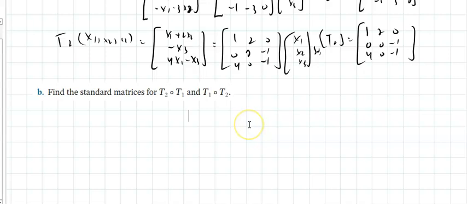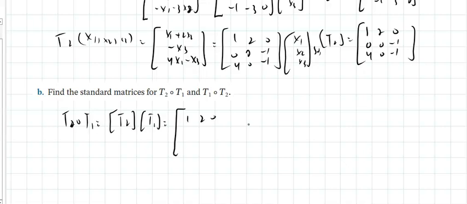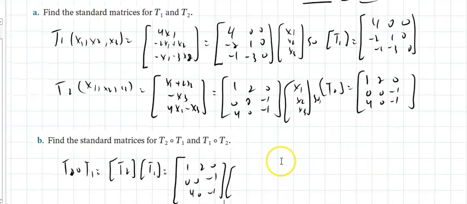But if I want to find T sub 2 T sub 1, well, that's simply T sub 2: 1, 2, 0, 0, 0, negative 1. Remember, the transformation is just a matrix. And if I take the top one, that is 4, 0, 0, negative 2, 1, 0, negative 1, negative 3, 0.